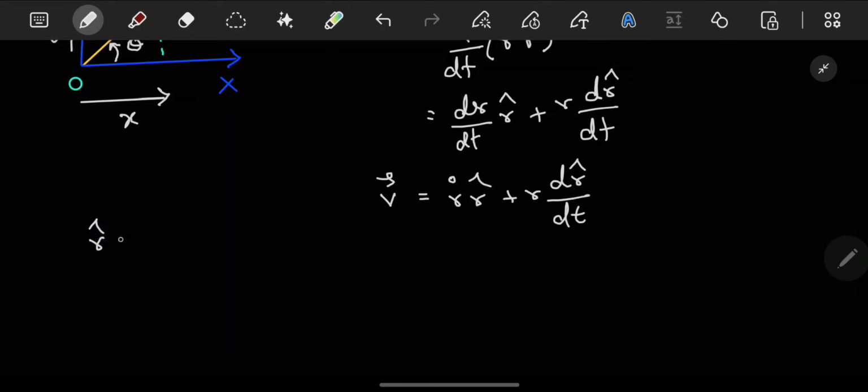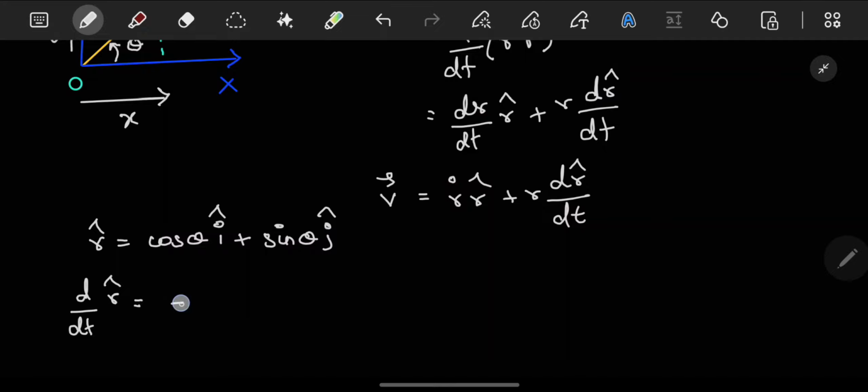So r cap is nothing but cos theta i cap plus sin theta j cap. So this is a known value. By using this, we will calculate d by dt of r cap, where d by dt of r cap is equal to minus theta dot into sine theta i cap plus theta dot cos theta j cap.